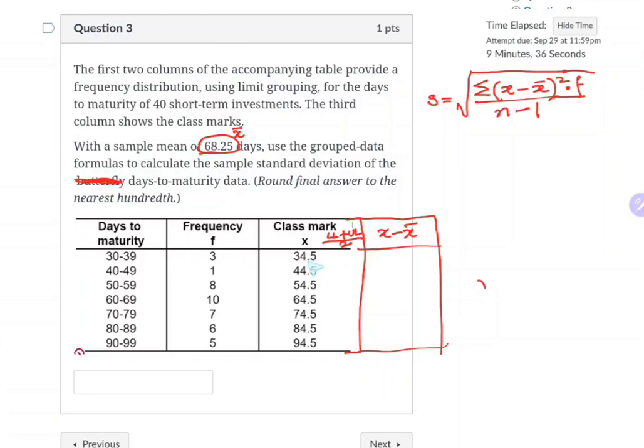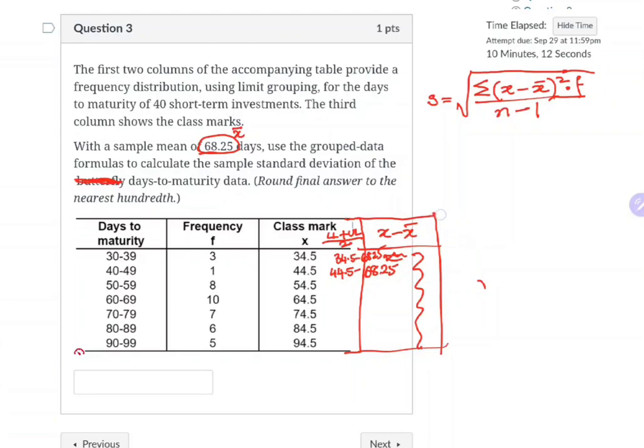So x is 34.5, and 34.5 minus 68.25 will give us a value equal to x minus x bar. So you have to go through this list, through all these class mark values, and subtract 68.25 to fill out this column.